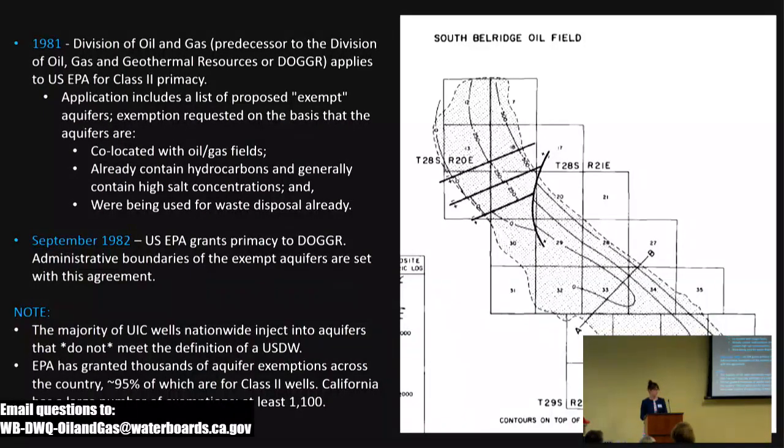So there's a subset then that you're thinking, even though they're exempt, the basis for their exemption shouldn't keep them from monitoring. Exactly, yeah. If the science dictates that, if the people doing the monitoring think that there is reason to suspect that fluids may be moving out of zone.